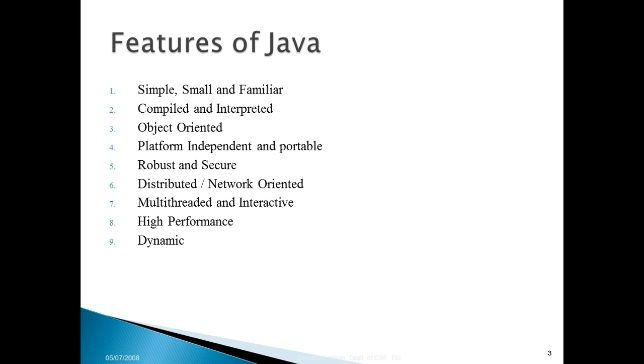And also, even though I told you one statement, write once and run anywhere, even if you change your hardware configuration or your OS, the bytecode will still give you the same output. From this you can tell it's dynamic. So these are all the features available in Java.